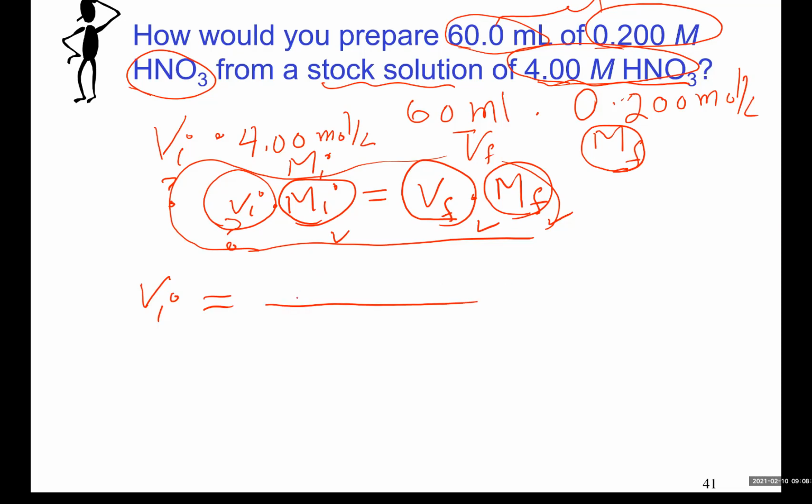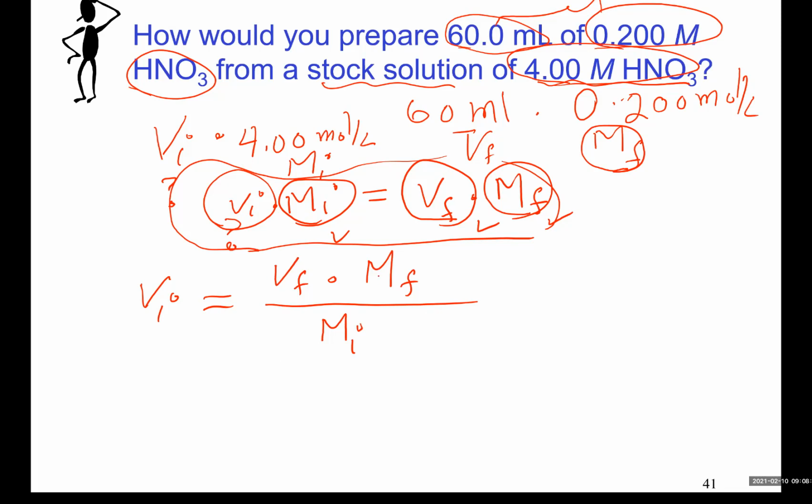So all I need to do is look at VI. Can I divide both sides by MI? And I say, on the top, I have final volume times final molarity divided by initial molarity. That gives you the volume of the 4 molar nitric acid that you need to make 60 ml of 0.2 molar.